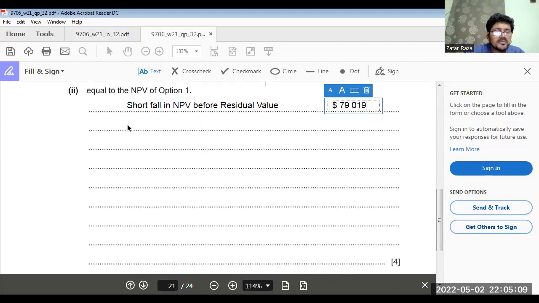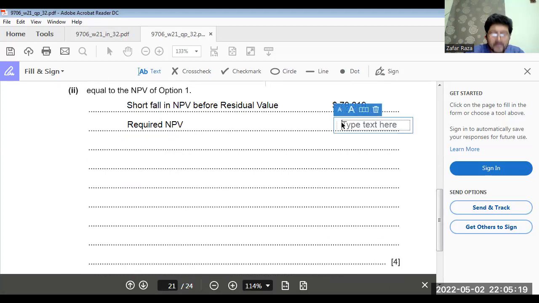Now required NPV from option 1, that was 60,981.